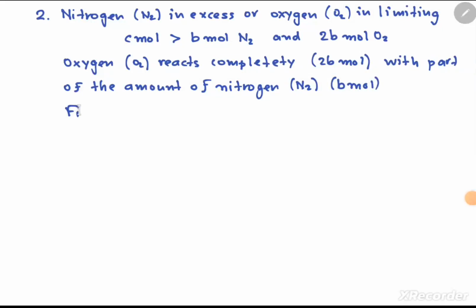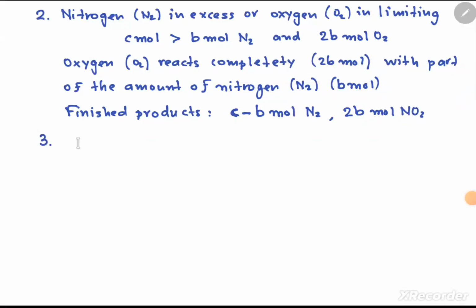So, the finished products are c minus b mol nitrogen and 2b mol nitrogen dioxide.